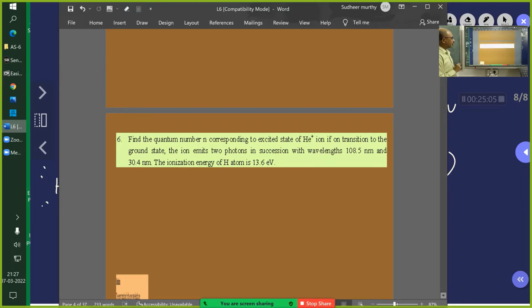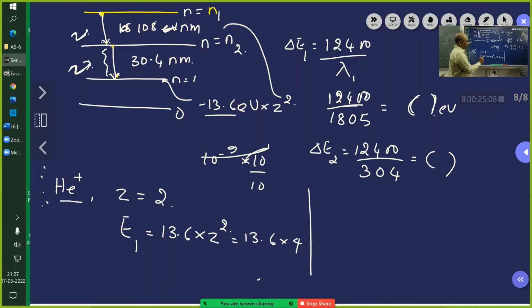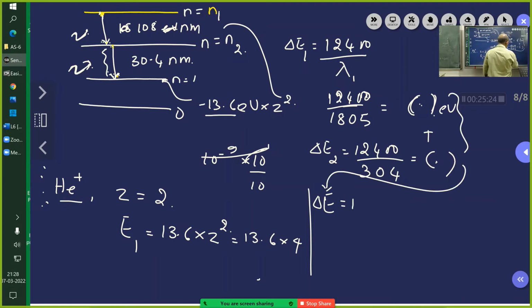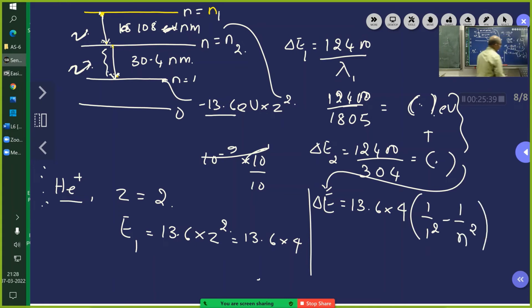Now, what is the question they have asked? You have to find out what n is. So now, if you add these two, you will get the total energy. This plus this, you will get the total energy. Say the total energy is delta E. This delta E is equal to 13.6 into Z square, Z square is 4, into 1 upon 1 square minus 1 upon n square, as it comes down to the first state from n is equal to n1.